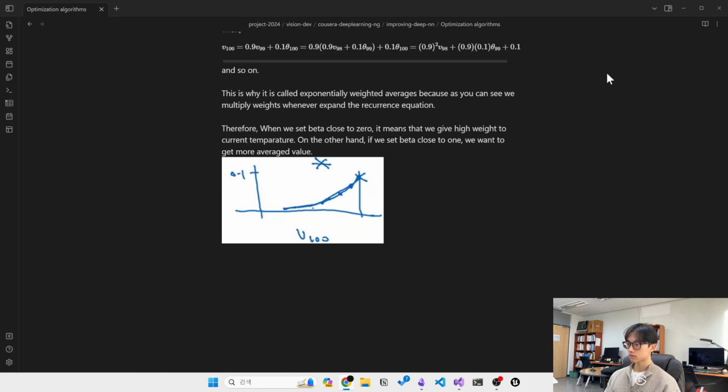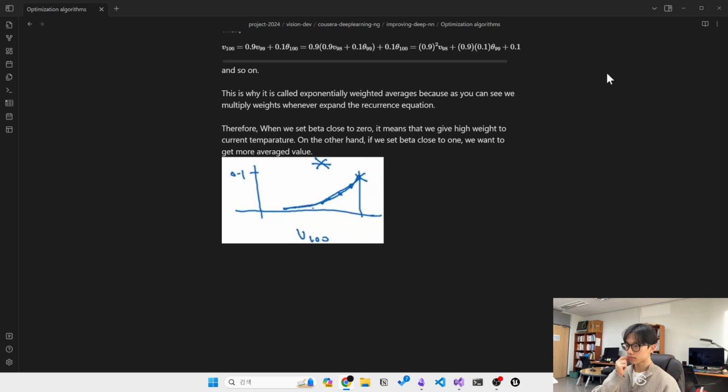And I'm sometimes going to use this notation, V subscript theta, to denote that V is computing this exponentially weighted average of the parameter theta. So just to say this again, but in a for loop format, you set V theta equals 0, and then repeatedly, on each day, you would get the next theta t, and then set V theta to be updated as beta times the old value of V theta plus 1 minus beta times theta t.